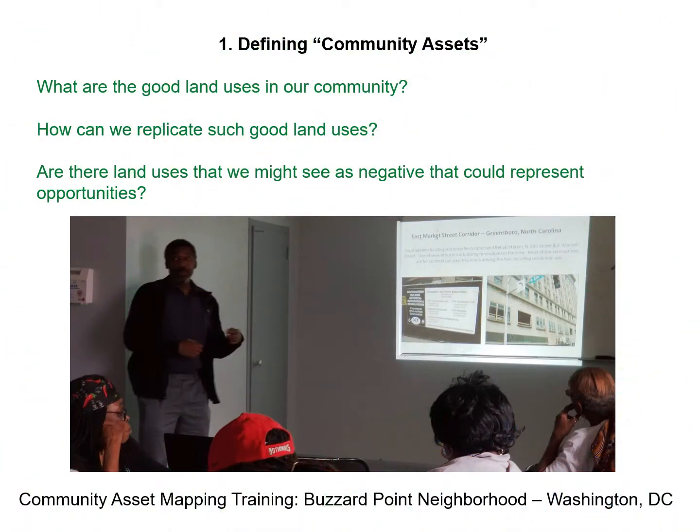For asset mapping, the first thing we should think about is what are the good land uses in our community. Instead of looking at things that might ordinarily be seen as negative, such as an abandoned building or an overgrown vacant lot, the question is, what are some of the good land uses?